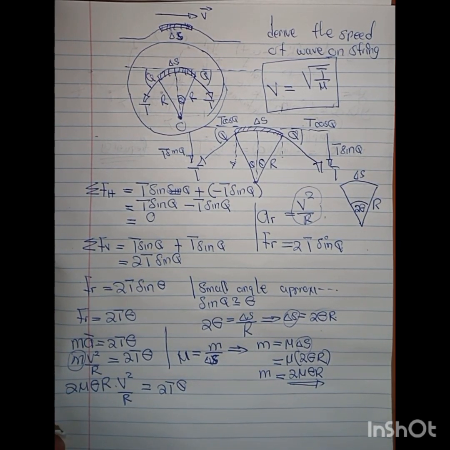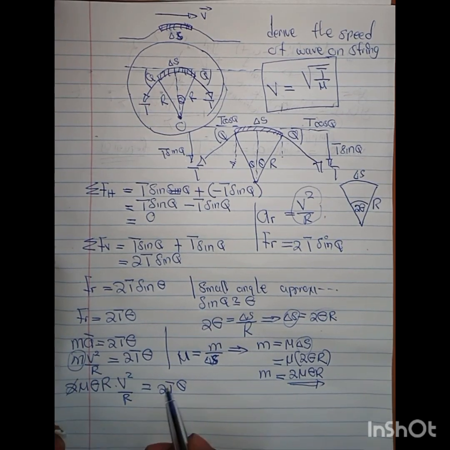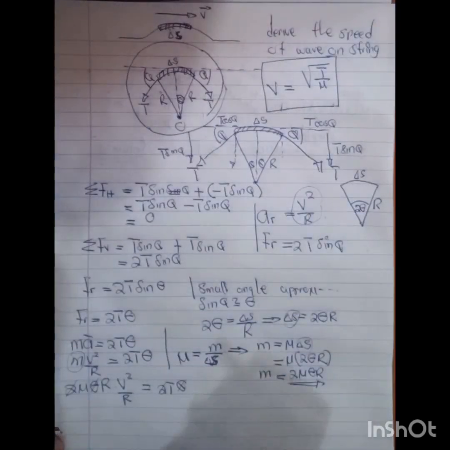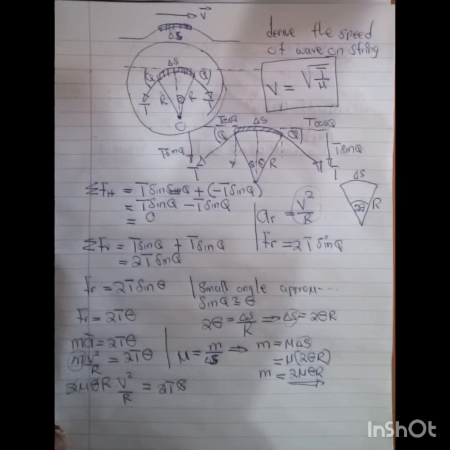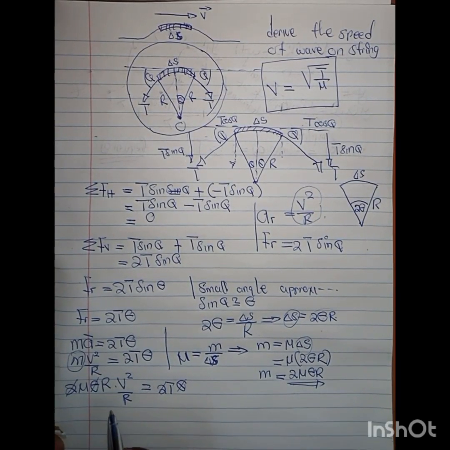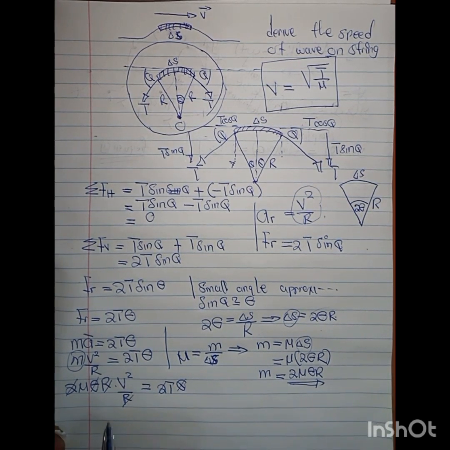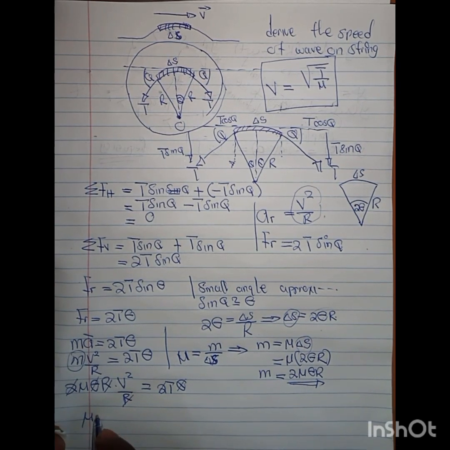Then you can see that from here 2 will cancel 2, and theta can cancel theta because they are the same. And then r will also cancel r. And then on the left we have mu v squared.